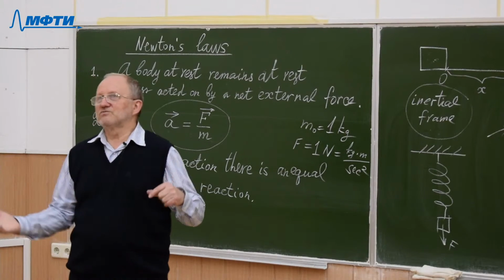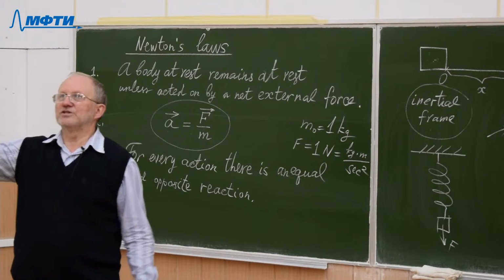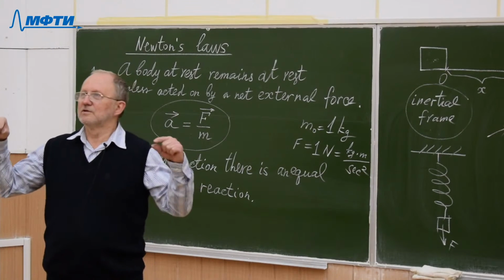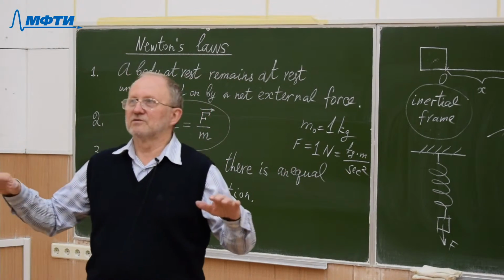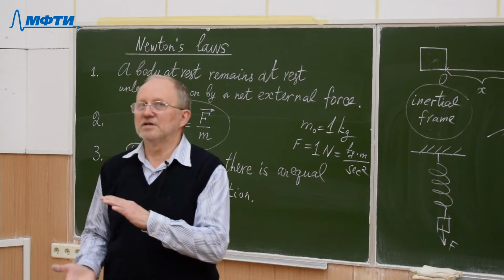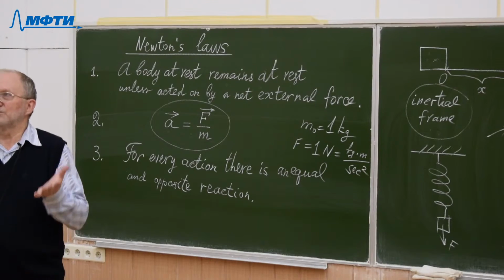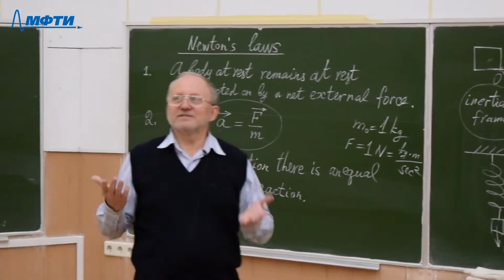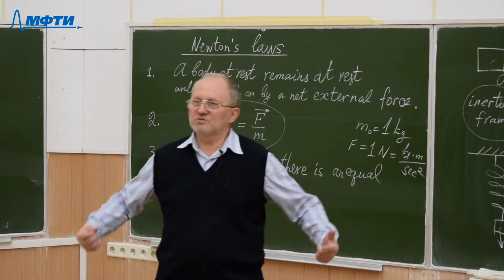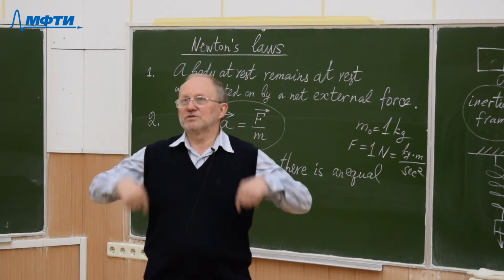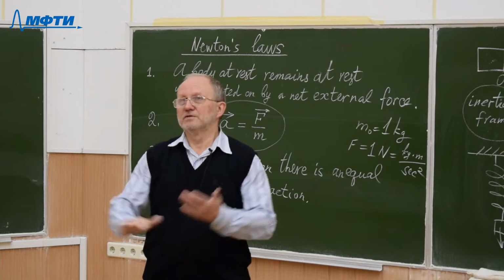If it were not for the force of reaction, you would never be seated here. You would fall down through the floor because of gravitational pull. But all of you are at rest on your benches because you feel the force acting on you from the bench and supporting you and balancing the gravitational pull directed downward. And the force from the bench is directed upward.